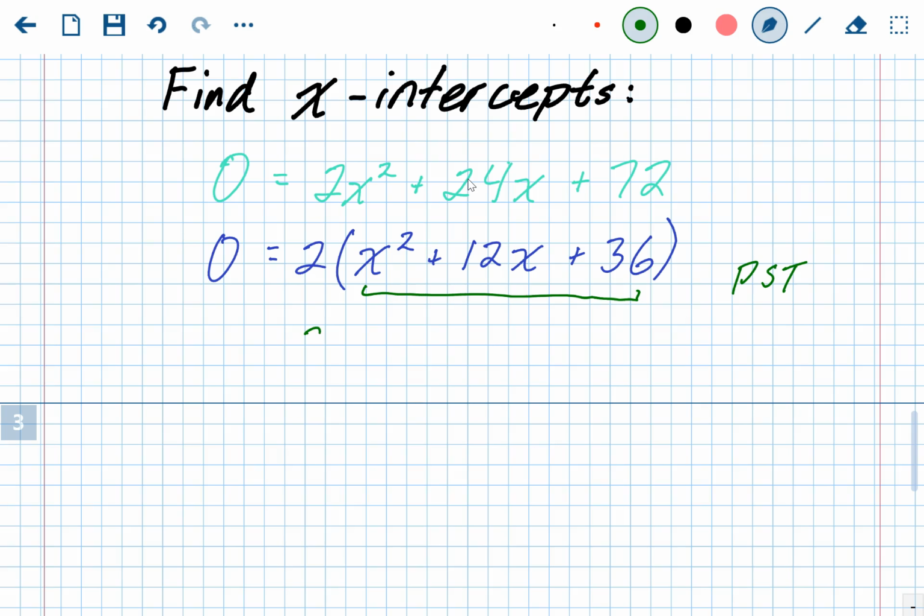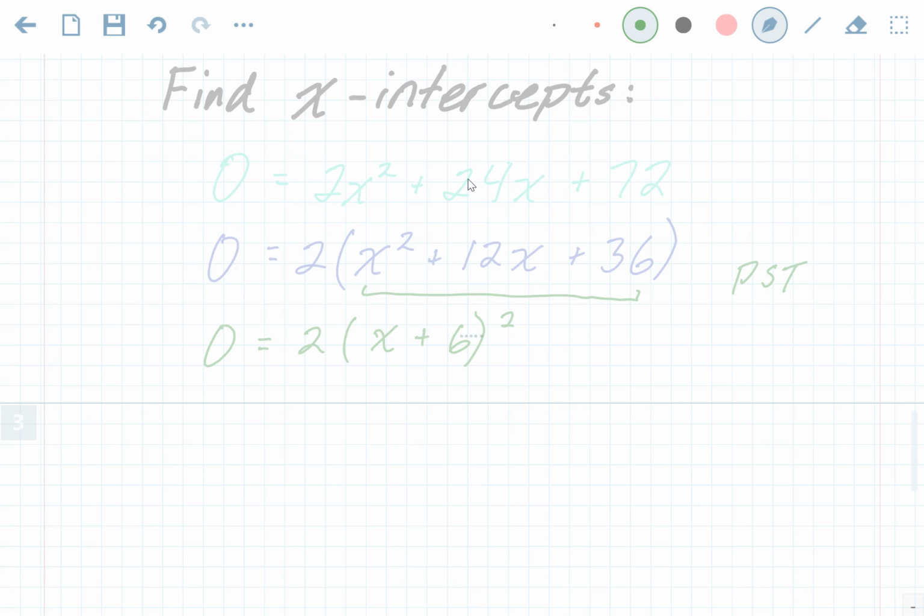Remember, the pattern for a perfect square trinomial is you take the square root of the first, the square root of the last, take whatever sign is in the middle, and square it. Now again, if you had done just product and sum, you'd have said what multiplies to 36 and adds to 12, it would be 6 and 6.